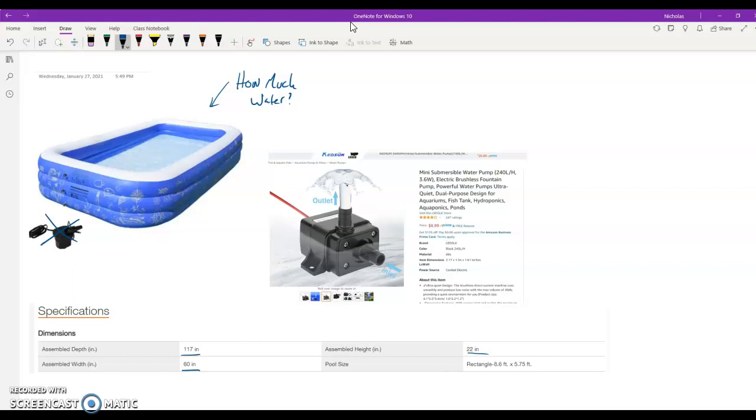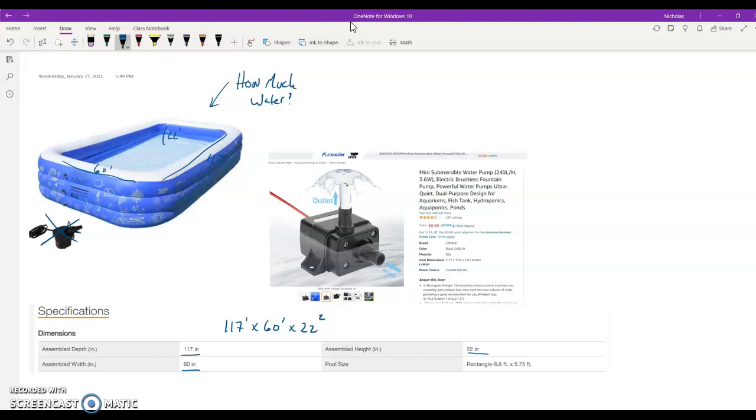So it looks like it's 117 inches by 60 inches by 22 inches. So this would be the 117, right? Looks like. And then it looks like this would be the 60 inches, and then it's probably 22 inches deep.